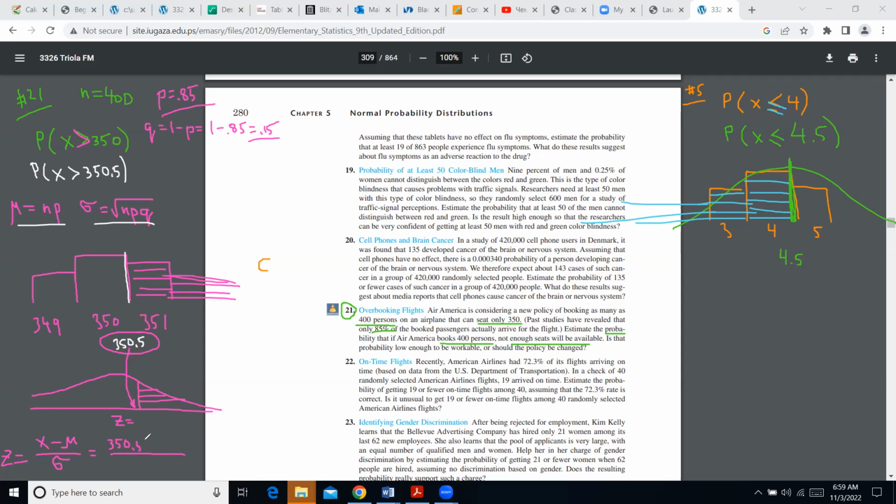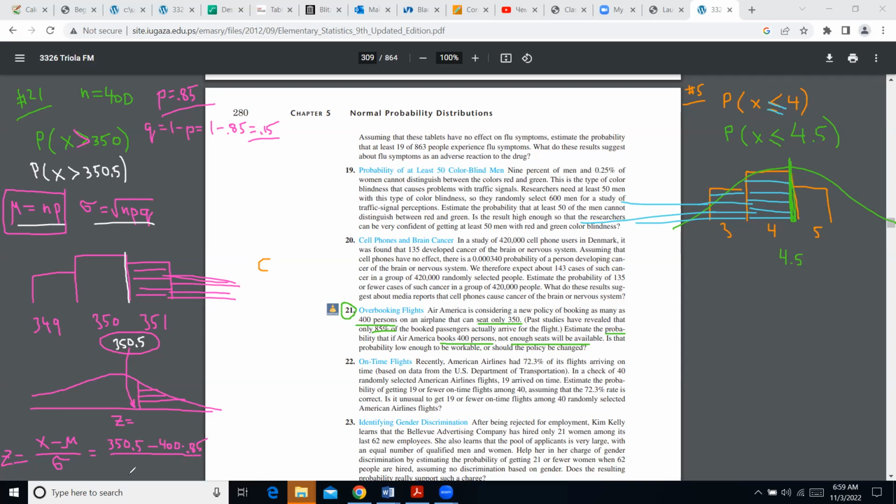Instead of mean and standard deviation, I'll just put n times p, which is 400 multiplied by 0.85. This is our n times p.